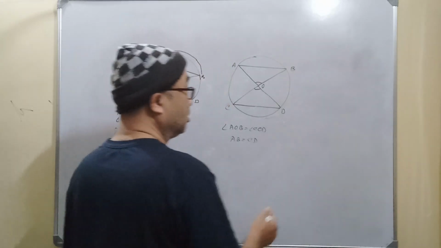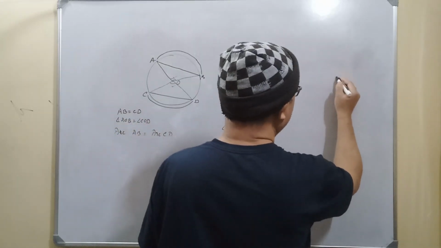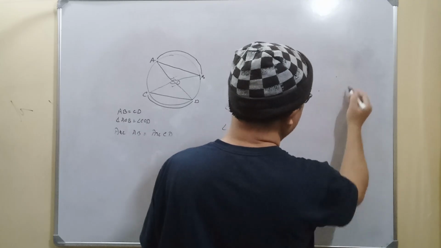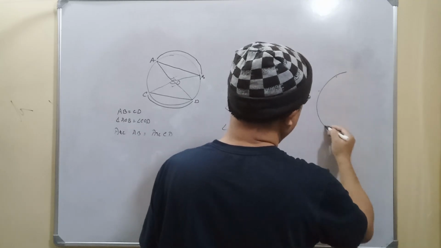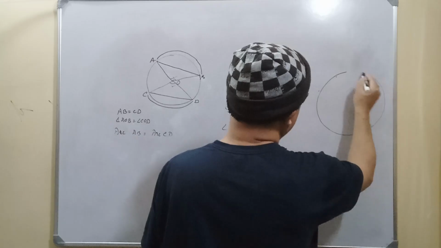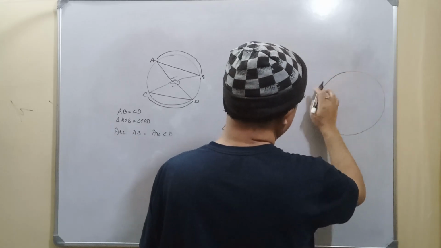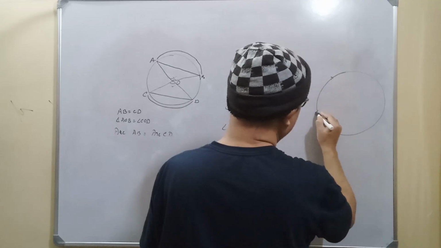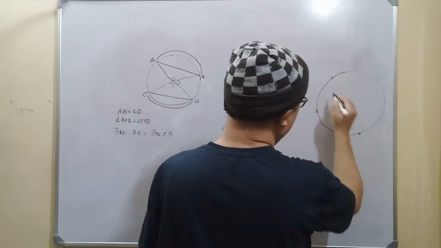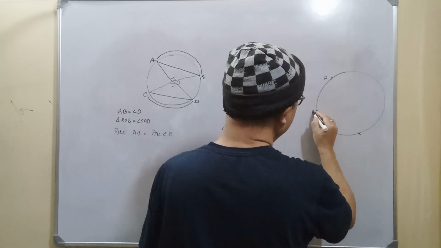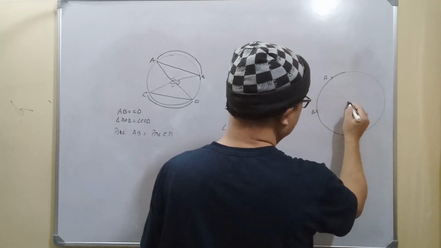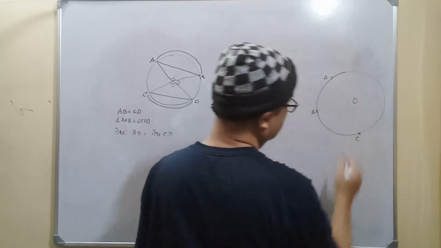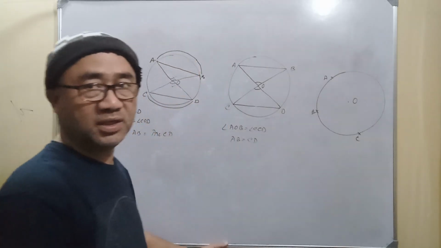And the third property is that if there are three non-collinear points, then we can draw only one circle through them. That is also a property.